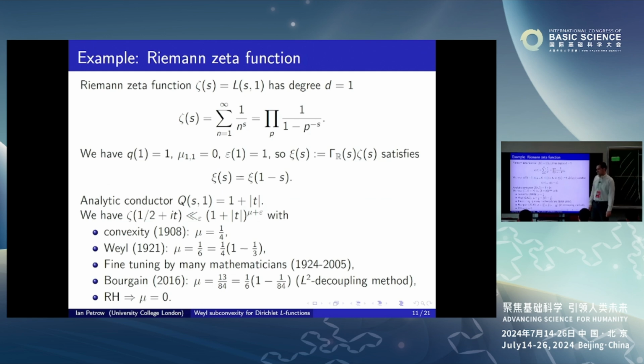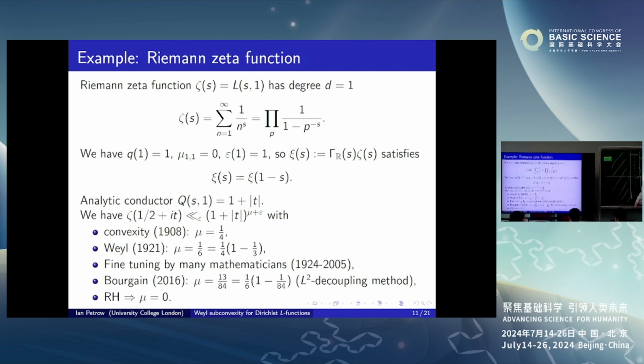But I'll mention van der Corput, Weyl, Sierpinski, Huxley, Vinogradov, Bombieri, and Iwaniec. But the state of the art right now is the result due to Bourgain using his L2 decoupling method, who saves a power of 1/84 off the Weyl bound, which in this universe is a very large saving.